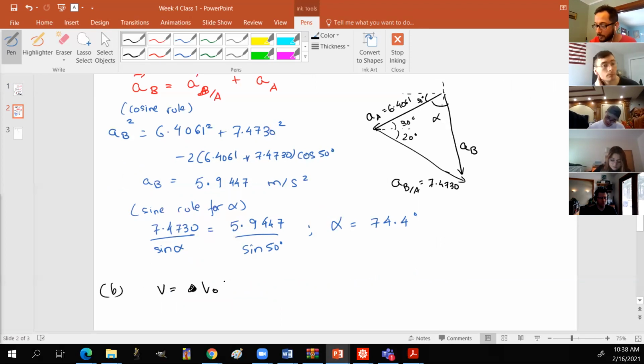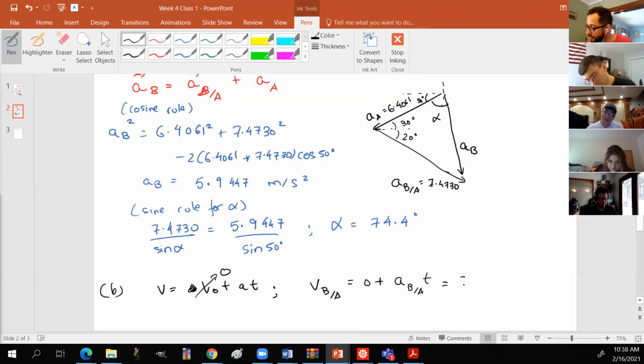So V is equal to V naught plus acceleration times t, right? You guys remember this? So we can just say that for V of B relative to A, this guy is going to equal 0 because it starts from rest, plus the acceleration of B relative to A times the time t, right?